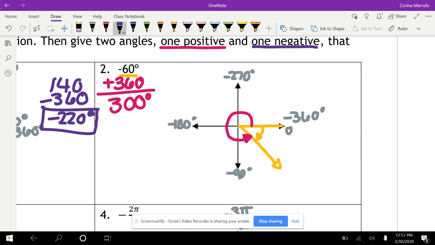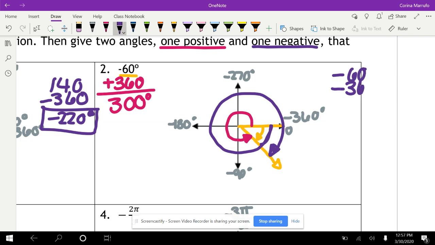So in order for us to get a negative coterminal angle, we're going to take our negative 60 that we had. So instead of going from here to here, we're going to have to go around once and then back through here. Okay, so that means that we're going to have to subtract a full rotation. So negative 60 minus 360 is negative 420. And that would be that angle right there.